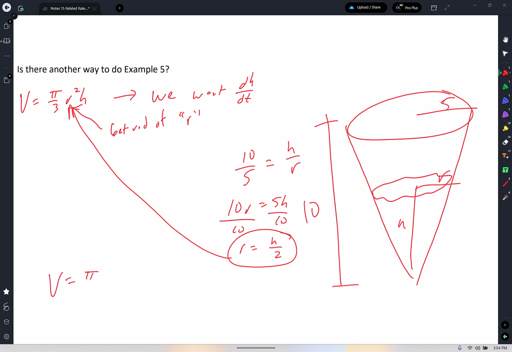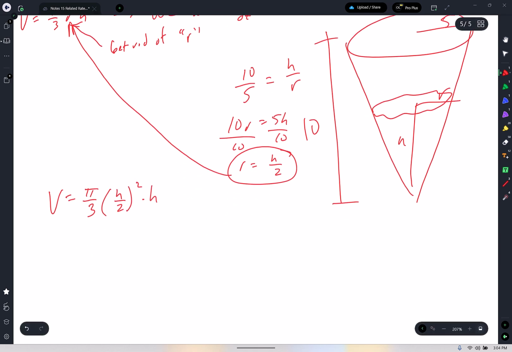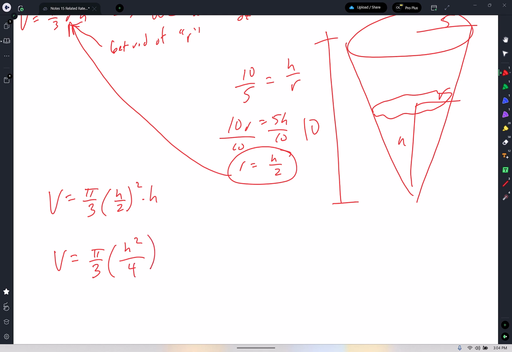Volume equals pi over 3, parenthesis H over 2 squared, times H. H times H is H squared, 2 times 2 is 4, times H. So finally I have pi over 12 H cubed.